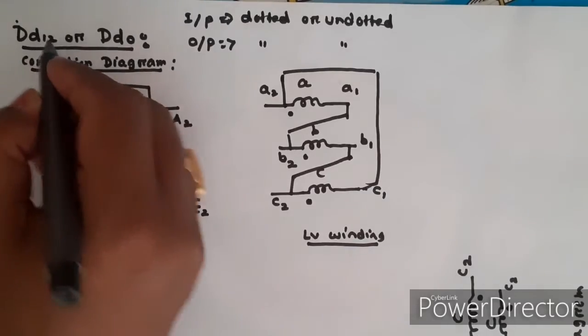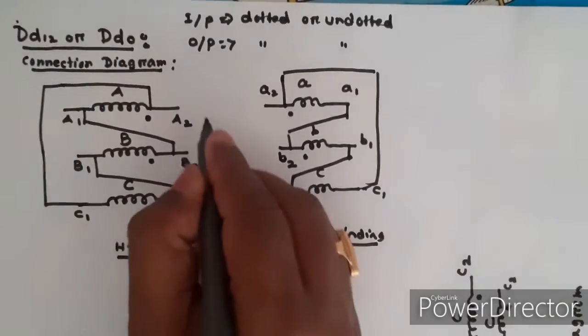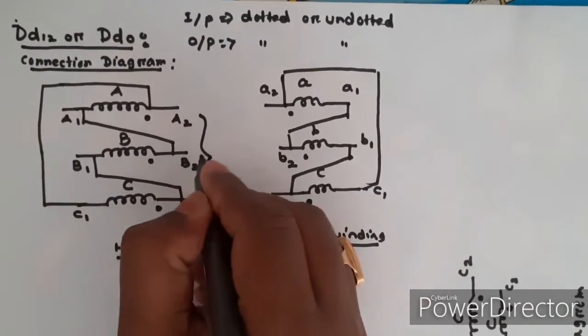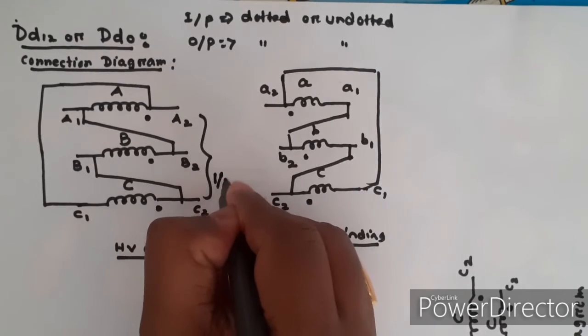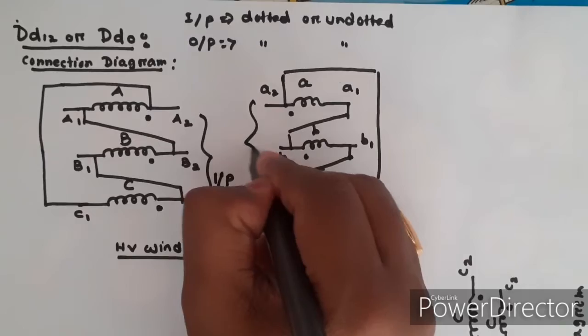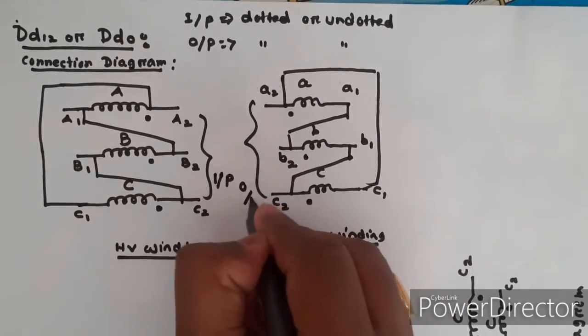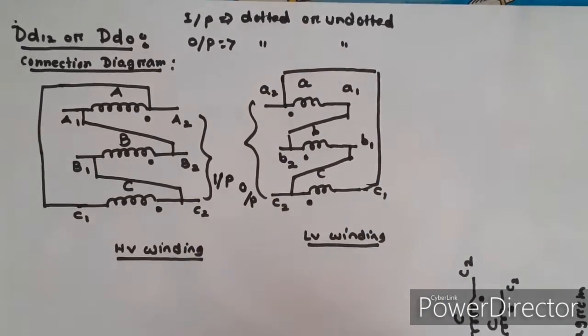Here for DD12 or DD0, the input is given from the dotted terminal and output also taken from dotted terminal.